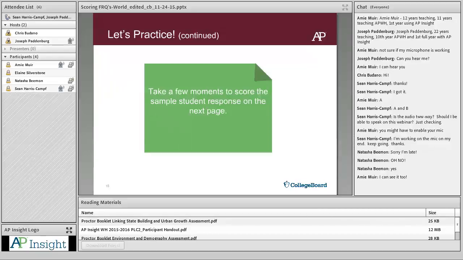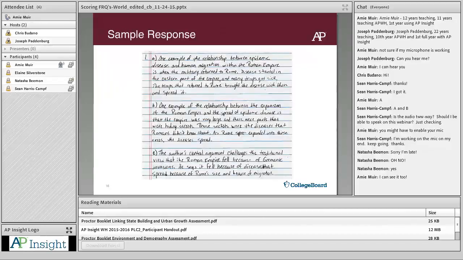Wait, I'm falling behind. I'm not seeing the sample student response. You don't have the sample student response? Where am I looking for this? Page 4 of the handout. Now did it come up? Yes, I see it on the screen now. Okay, because I'd hit the button and it came up on me, but not on you.